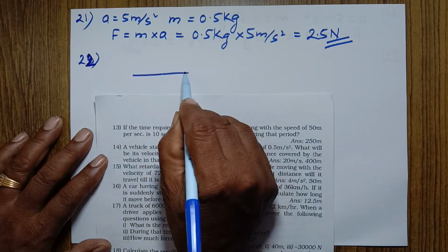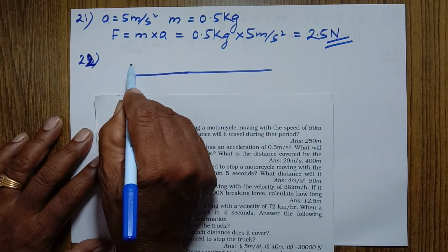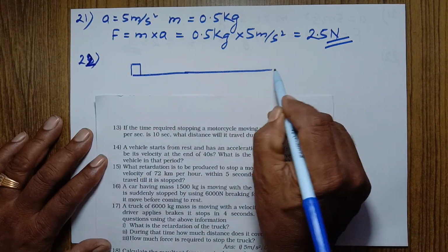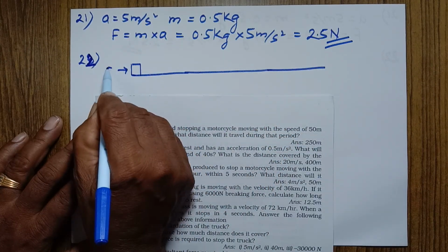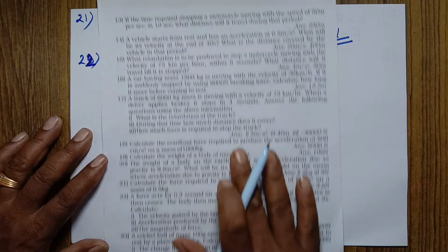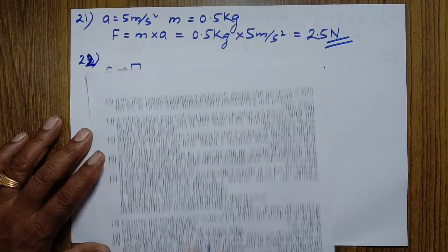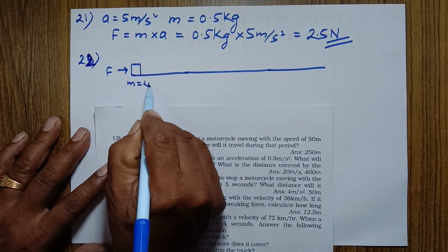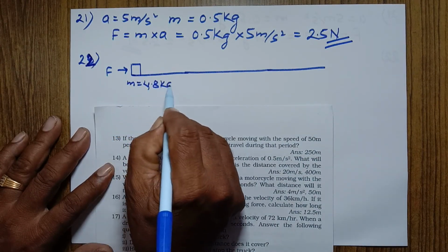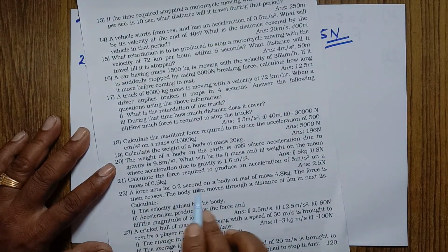Look at this. Let's say this is the direction of the motion of the body. This is a body and force is applied on this body, and the mass of the body is given, 4.8 kilogram. And what are the other details?